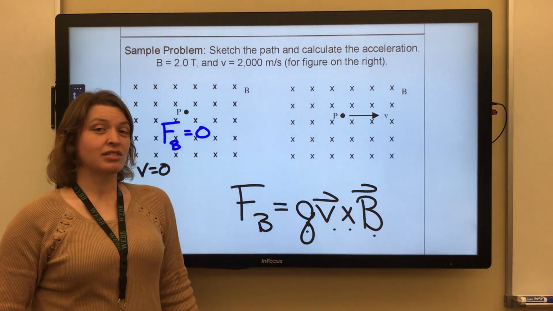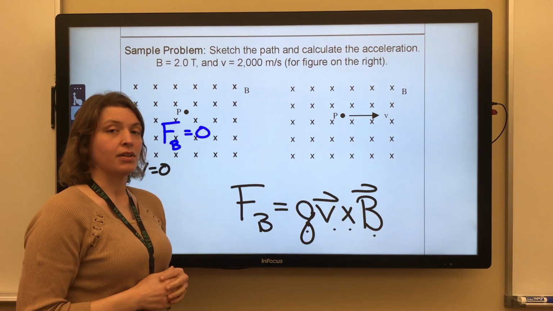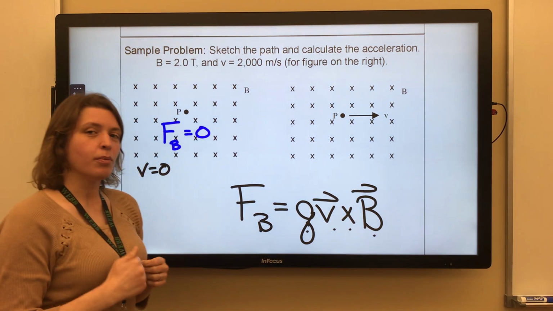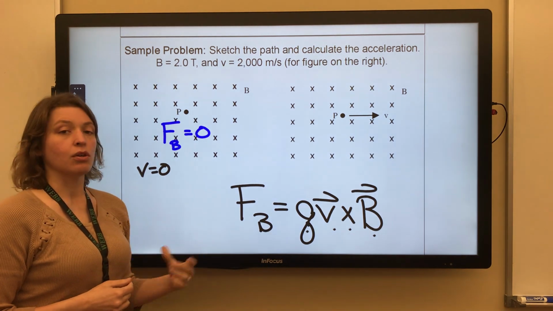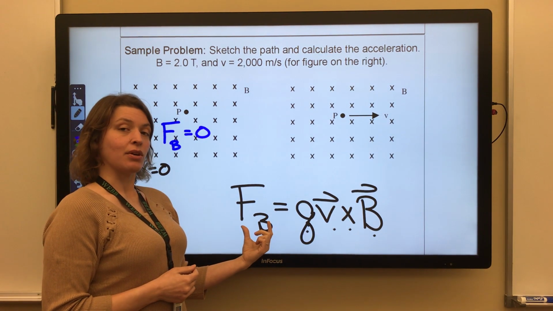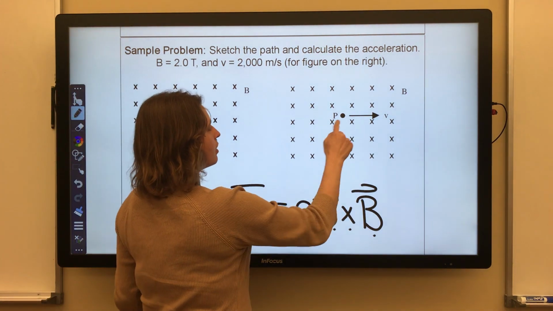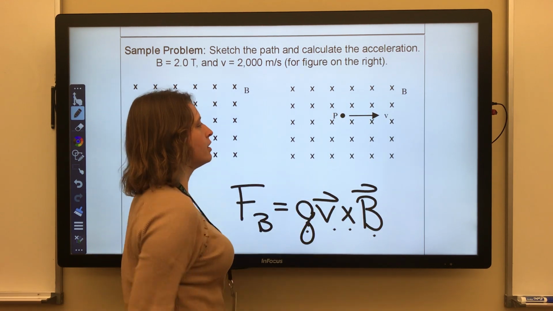A stationary particle does not move, and does not experience a force in a magnetic field. That's kind of weird, because if this particle is in motion, it will be experiencing a force. The motion of the object contributes to, or plays a role in, how strong a force it's experiencing. All right, now over here, I have a velocity in this direction and a magnetic field in this direction.